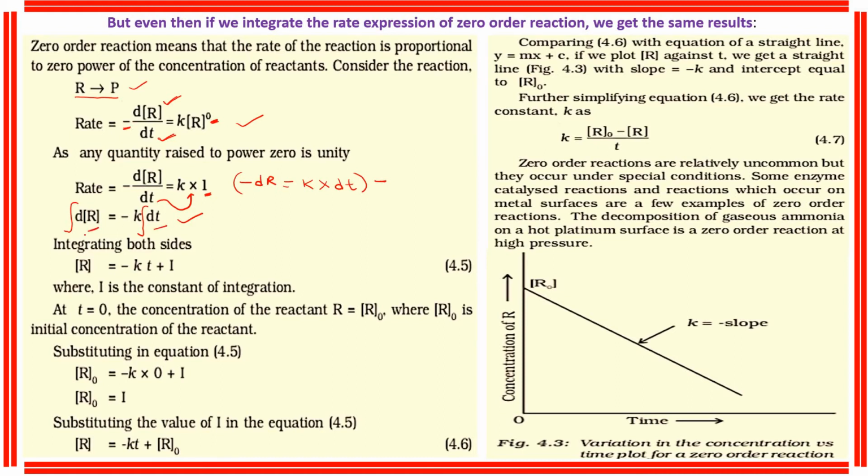Integration of dR is equal to concentration of R, and integration of dt is equal to t. Whenever we do integration, we get an integration constant, that is nothing but plus I. This is the constant of integration. When you do integration, definitely we get an integration constant, isn't it?